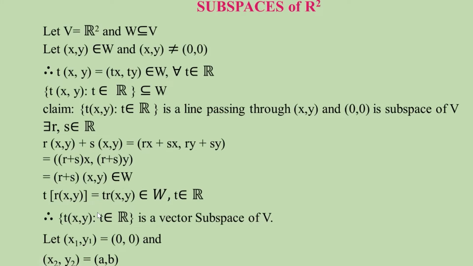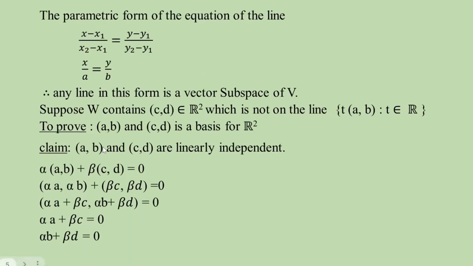But now we have to generalize this part. So we let (x1, y1) equal (0, 0) and another element (x2, y2) equal (a, b), and we know the form of the equation of the line, which is (x minus x1) by (x2 minus x1) equal to (y minus y1) by (y2 minus y1).